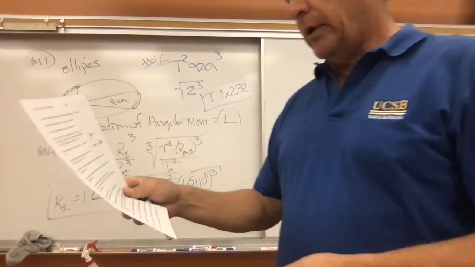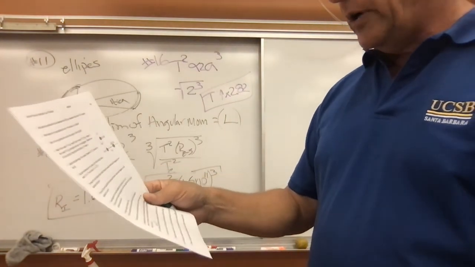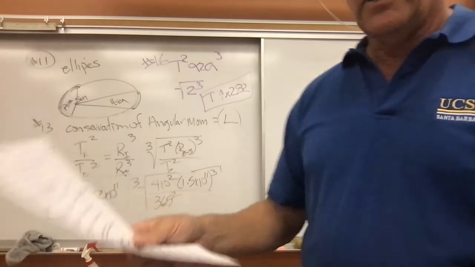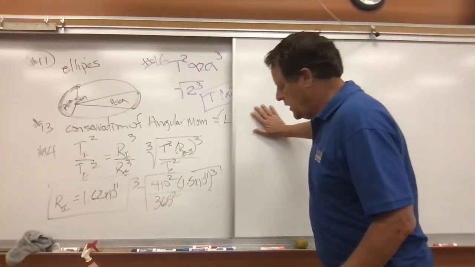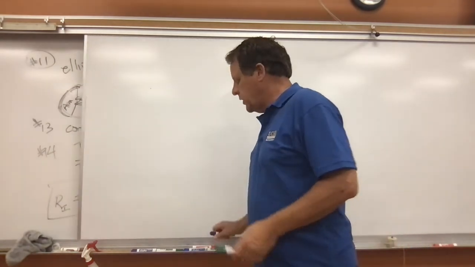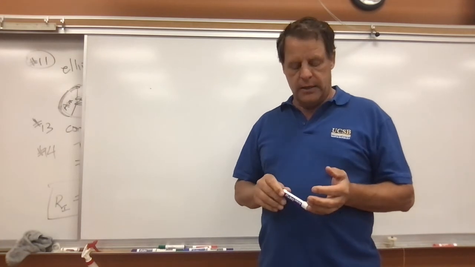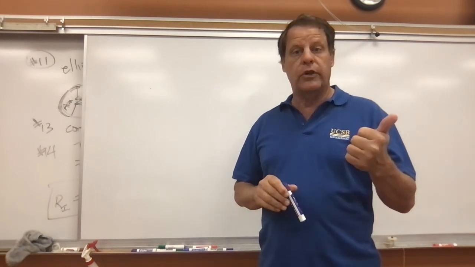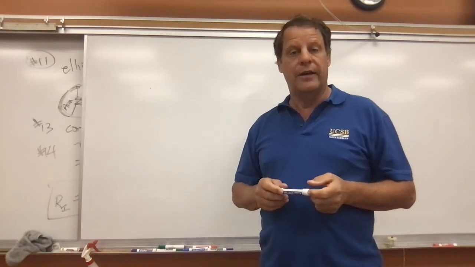Now, problem number 17: calculate the mass of the sun by using the orbital period and radius of the Earth around the sun. This goes back to a question we did as an example, what is the mass of the Earth, and also one of the questions of the day, what was the mass of the Milky Way.